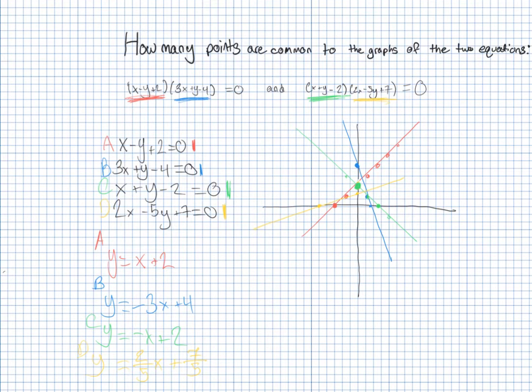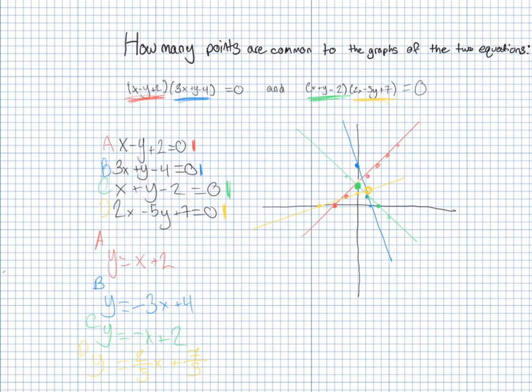And then we say, well, what is the question actually asking? The question is asking, how many times do A and B intersect with C and D? So we can count those points. D intersects with B right here.